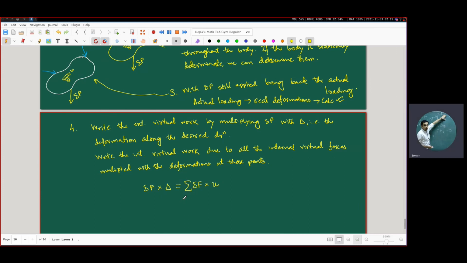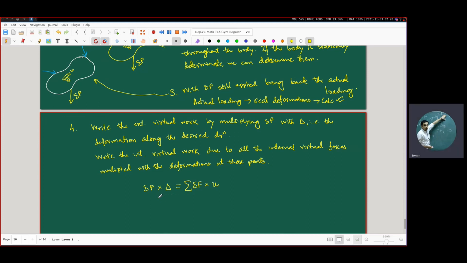Now, written like this, it may seem like a rather impossible task. How are you going to account for all the little elements which are present here? This seems rather daunting. But let me tell you that this can get cleaned up very easily if, for example, you consider something like a truss.